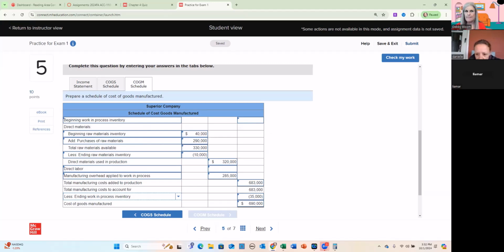Now, total manufacturing costs added to production are the direct materials used, direct labor, and applied overhead. Again, those three, by definition, make up manufacturing costs added to production.